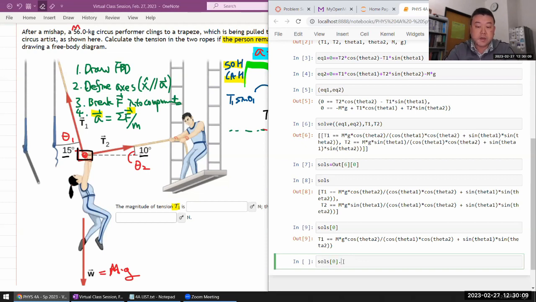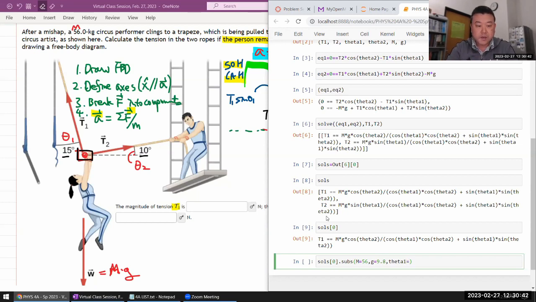So I'm going to use something called the substitution syntax. So we are substituting M equal to 56 kilograms and G equal to 9.8 meters per second squared. I'm just going to make sure I plug everything in basic SI units so that my answer will be in basic SI units. I need theta 1. Now, SageMath only understands radians, not degrees.